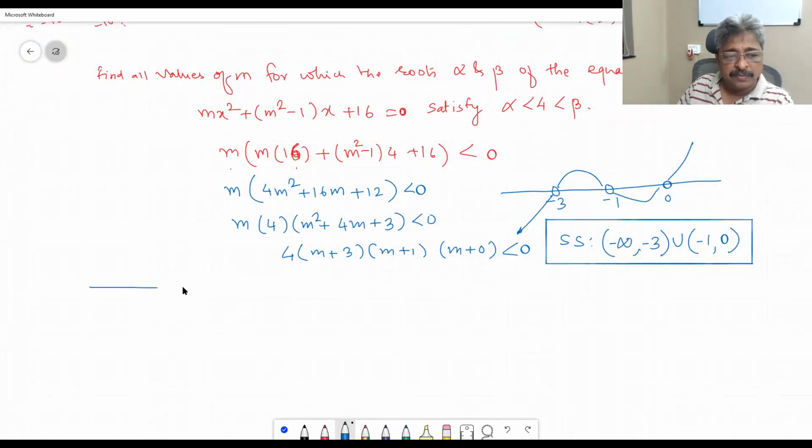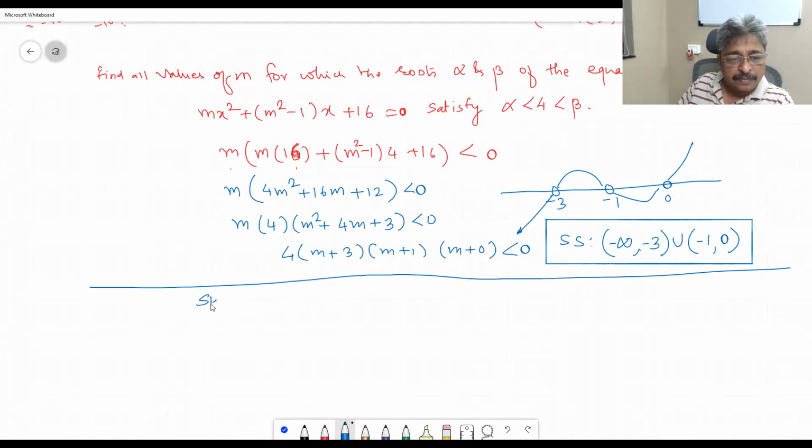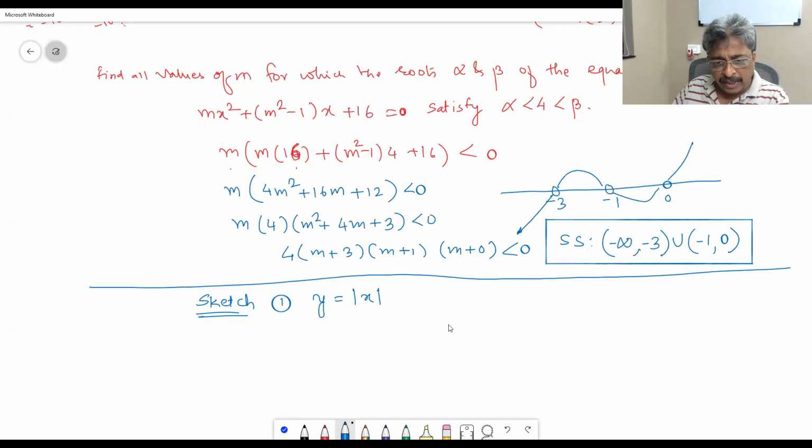Sketch y is equal to mod x. Show me the sketch. The graph of y is equal to mod x is going to look like this.